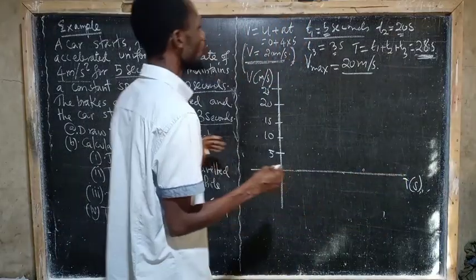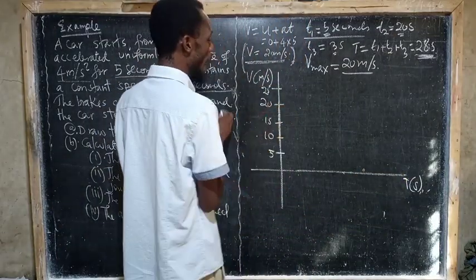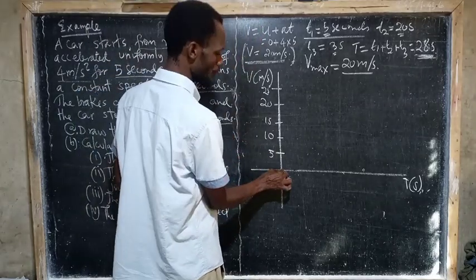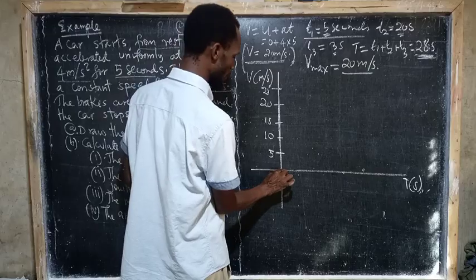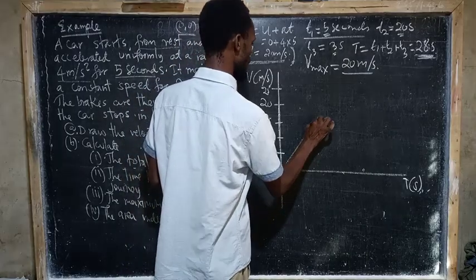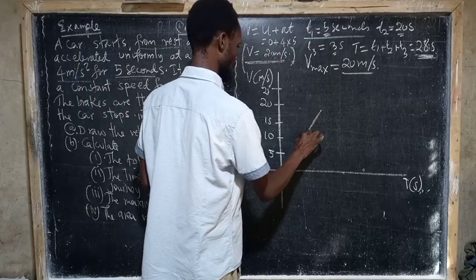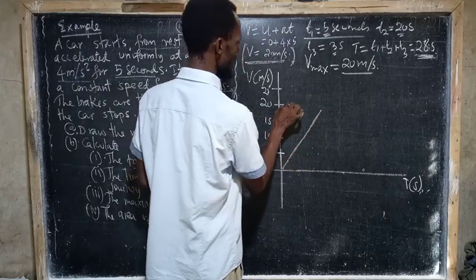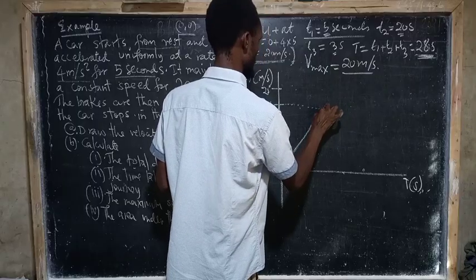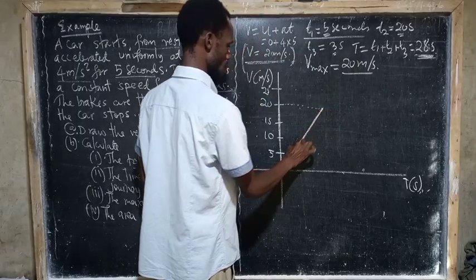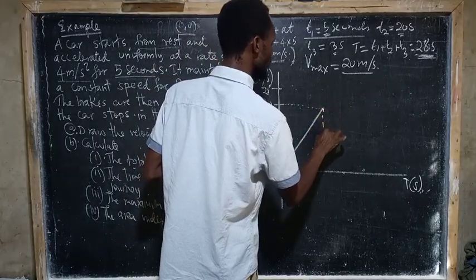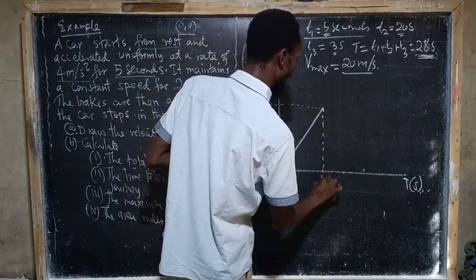Tafsiri yangu ni kwamba sasa utaweka, kwa hiyo velocity yako ni hapa, ambapo sasa umeambiwa ilianzia kwenye 0 ikaenda mpaka velocity ya 20. Velocity ya 20 hii hapa. Kwa hiyo ilianzia hapo ikaenda kwenye velocity mpaka ya 20 ndani ya sekunde 5.